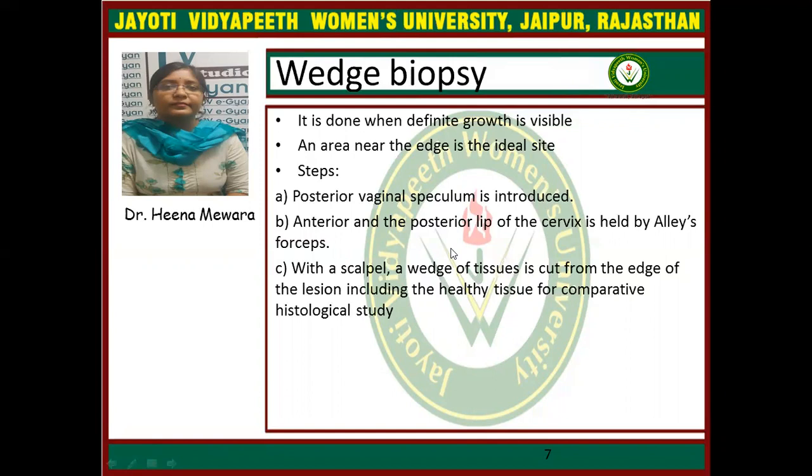After the posterior vaginal speculum is introduced, anterior and posterior lip of cervix is held by Ellis tissue forceps, and then with a scalpel, a vase of tissue is cut from the edges of the lesion, including the healthy tissue, for comparative histological study. So, in the vase biopsy, healthy and unhealthy both tissues are taken for histology for the comparison.